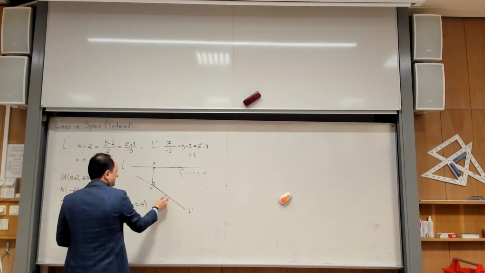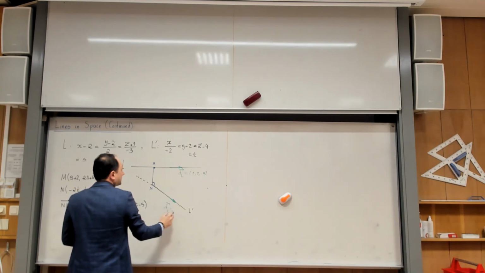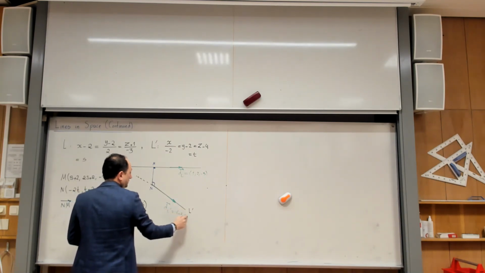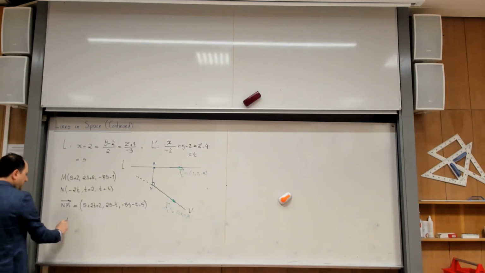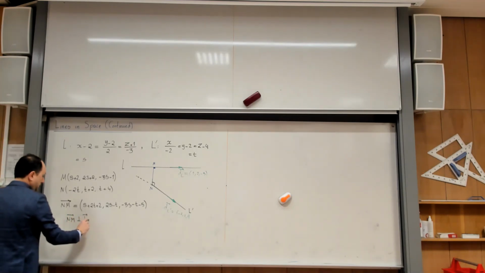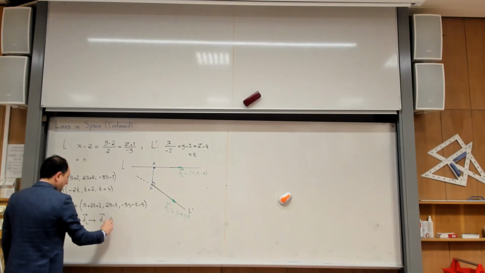And this is dl prime, which is what? Minus 2, 1, and 1. Okay, so I know that NM should be perpendicular to dl. So this means that the dot product dl dot NM is 0.